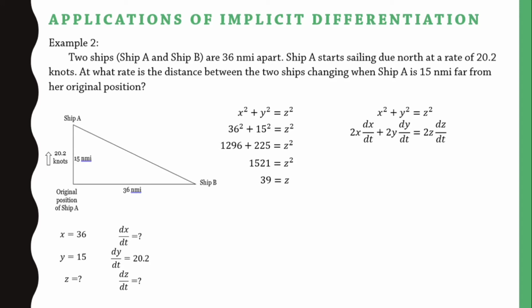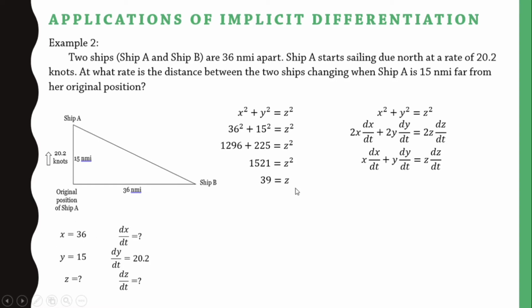So we can divide all of these terms by 2. So we get a simplified form, that is x dx over dt plus y dy over dt equals z dz over dt. Now we will substitute our given values here.